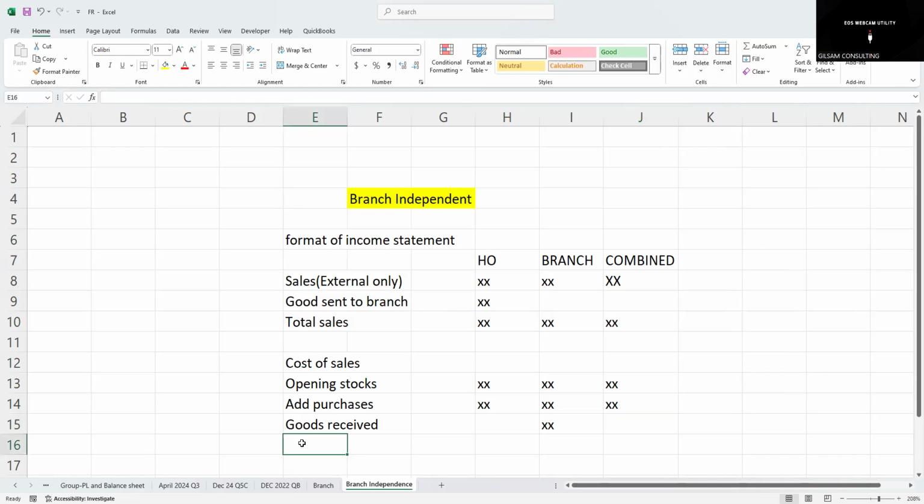Then the summation of this will give us goods available for sales.